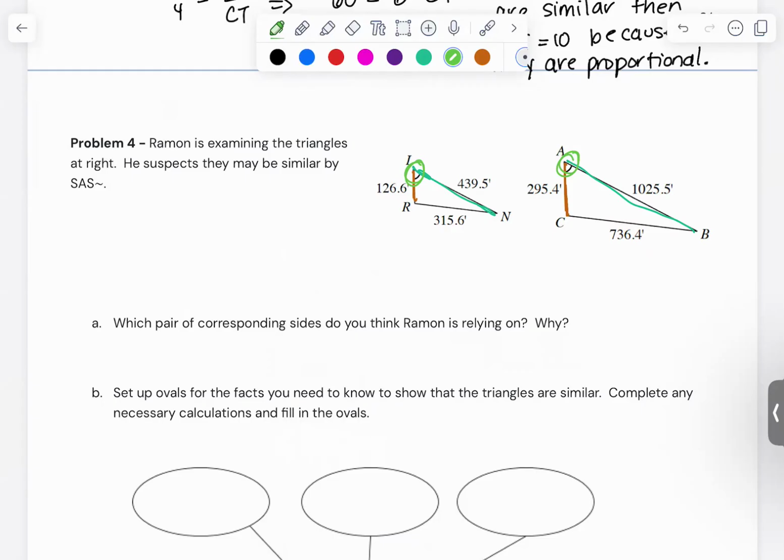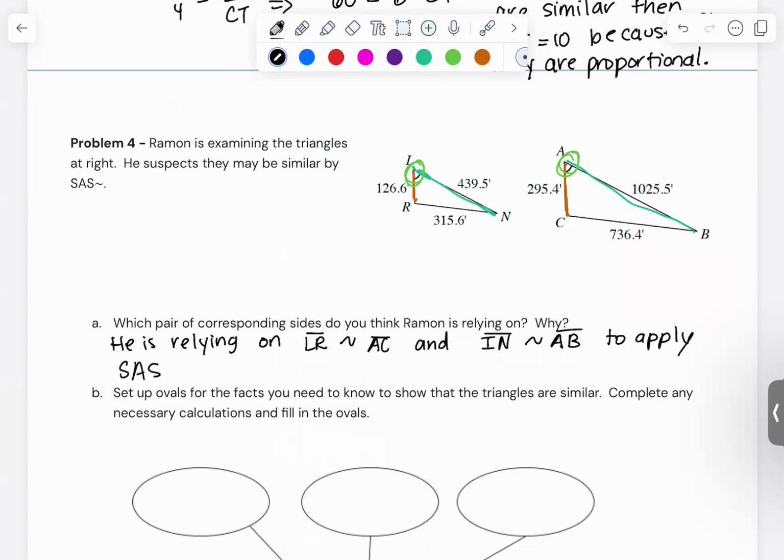So we're going to write he is relying on LR being similar to AC, and IN being similar to AB, to apply side angle side similarity, since the measure of angle I is equal to the measure of angle A. Okay.